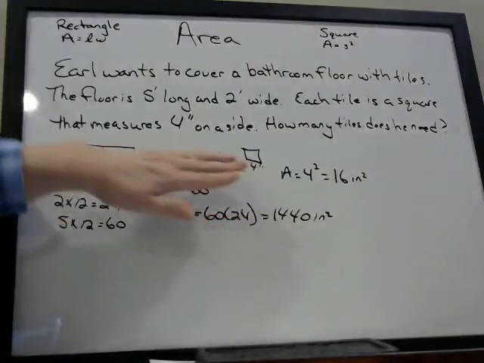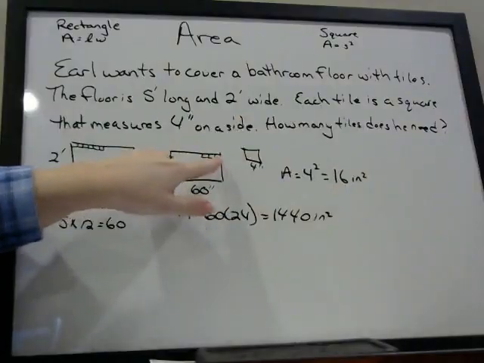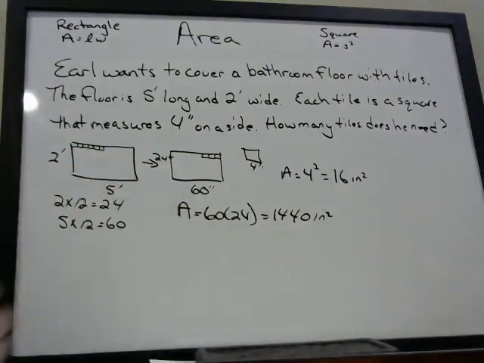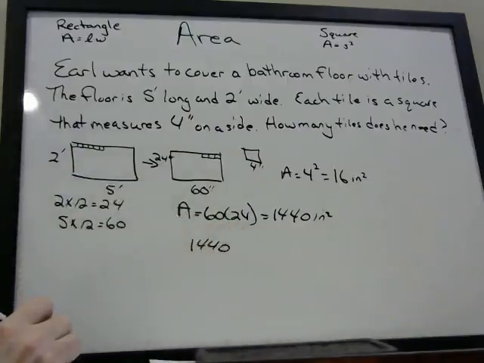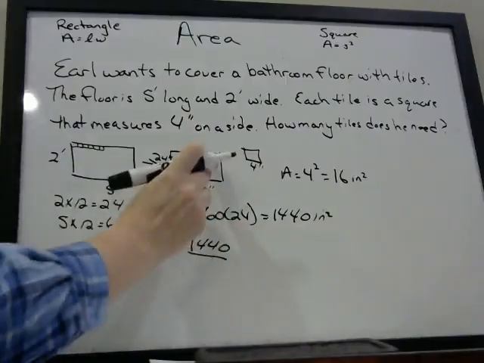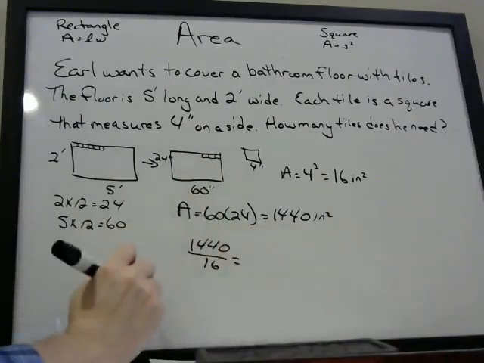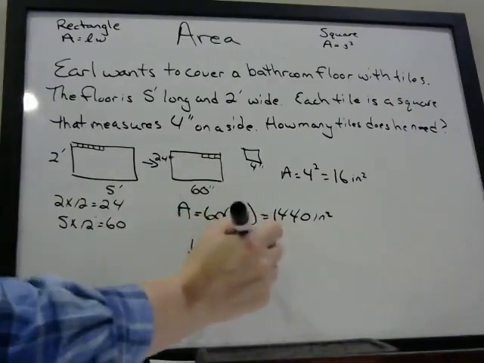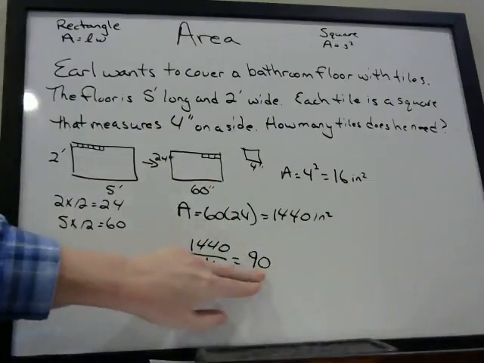So if you need to cover this much, and each one of them is 16, how many do you need in total is a division problem. You divide your total area, 1,440, divided by the area of one of them, which is 16. You plug that into your calculator, and you're going to get 90. So the number of tiles that you need is 90.